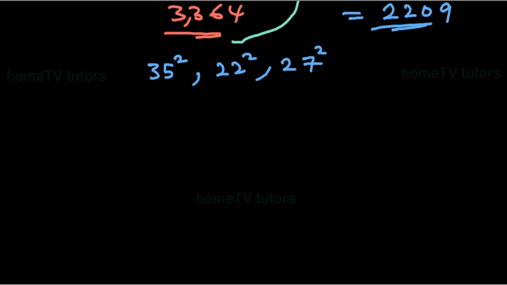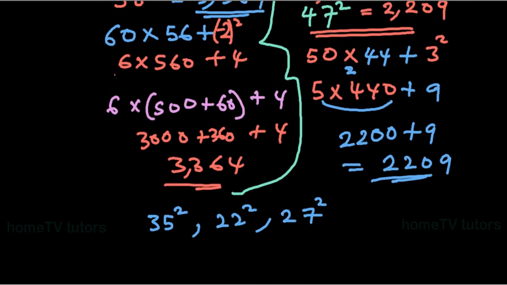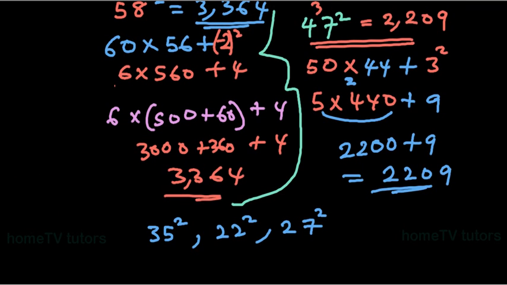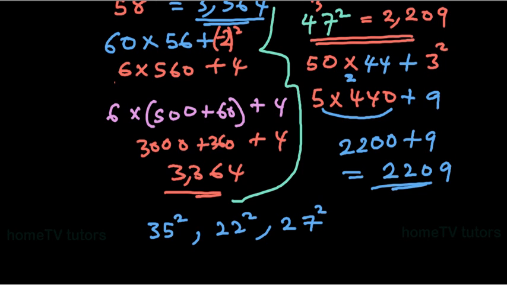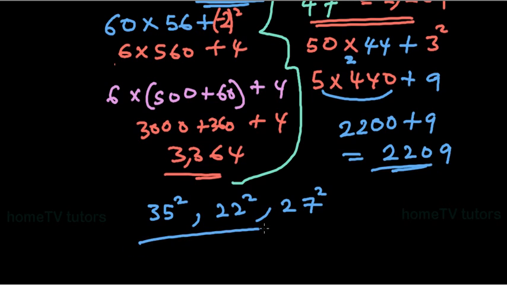The 35, you might be wondering, how am I going to do this? Well, the number is at the middle, so you can use any one of the tens that you want to use. Okay. All right. So find the square of these three numbers before going to the next video.